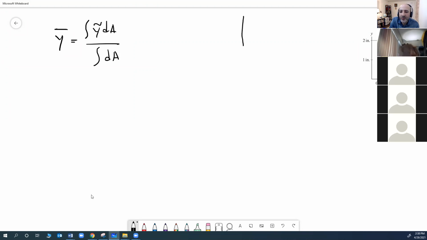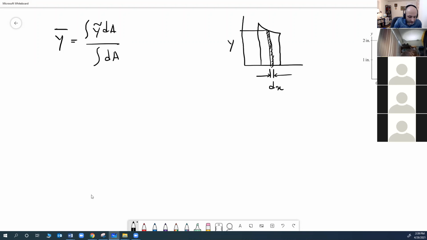And we said we will take a little element of area. This is going to be dx and this is going to be y.